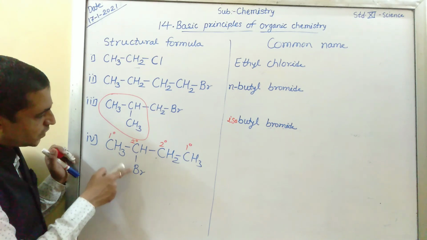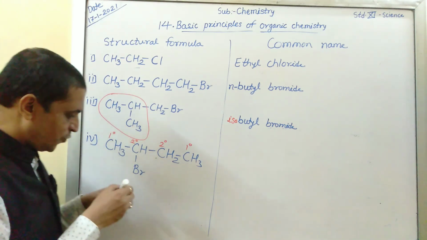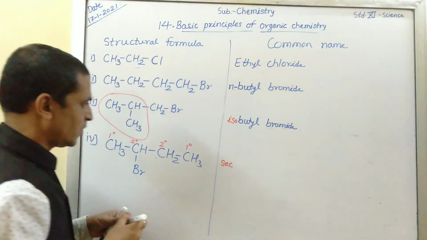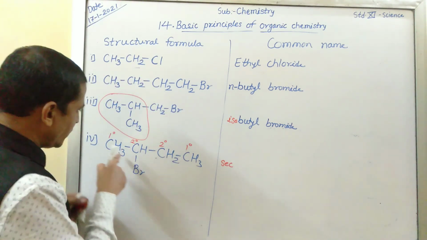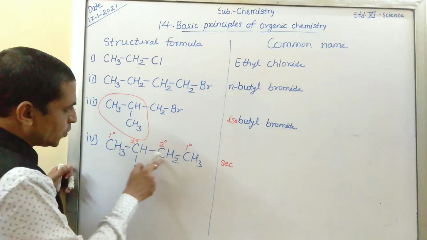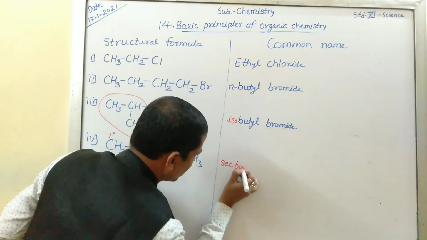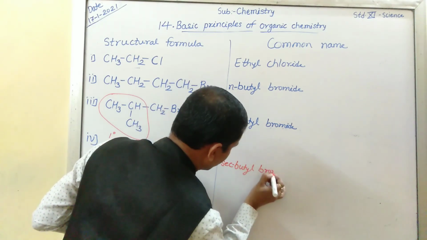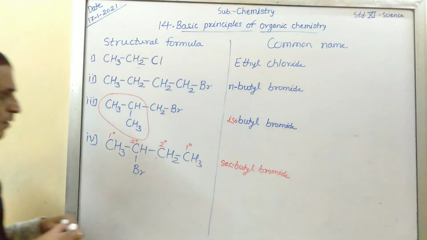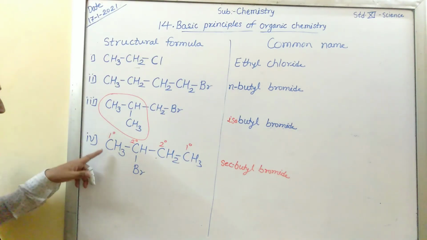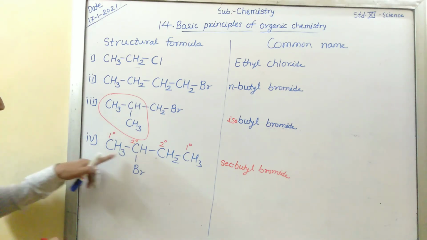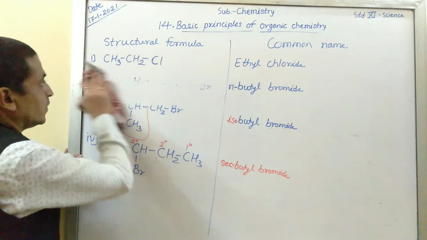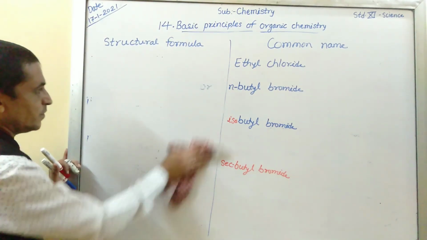See here, Br is attached to secondary carbon atom, and therefore name is sec. And count the number of carbon atoms: 1, 2, 3, 4. So sec butyl bromide. Sec butyl bromide means secondary butyl bromide. Now we will see next example.